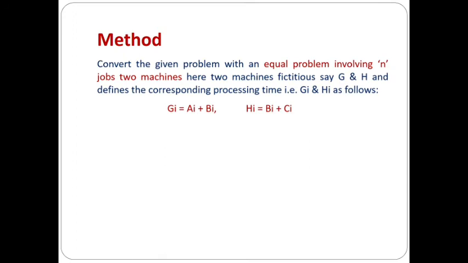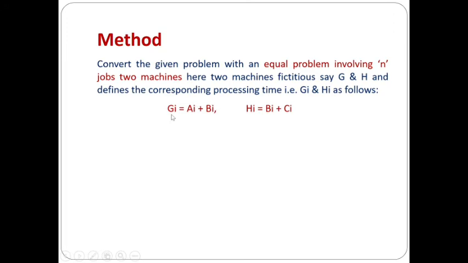If it is an m machine problem, the same thing can be done. That is, we convert the m machine problem into a 2 machine problem. We will have only G and H machines. We ignore the last machine and add all the other machines' processing times.